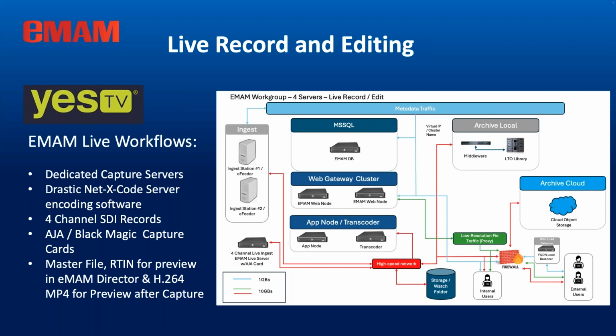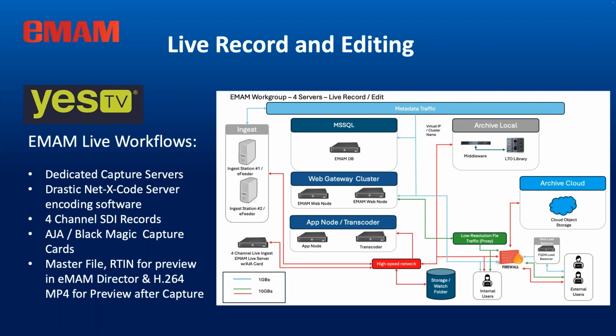Now, what they'll do is they'll produce a proxy file for us. And that proxy is called R10, and that's previewable inside of the eMAM director. They'll also, in this process, create the original codec, whatever that might be, MXF or whatever it might be, and then they'll also produce a proxy file for us.